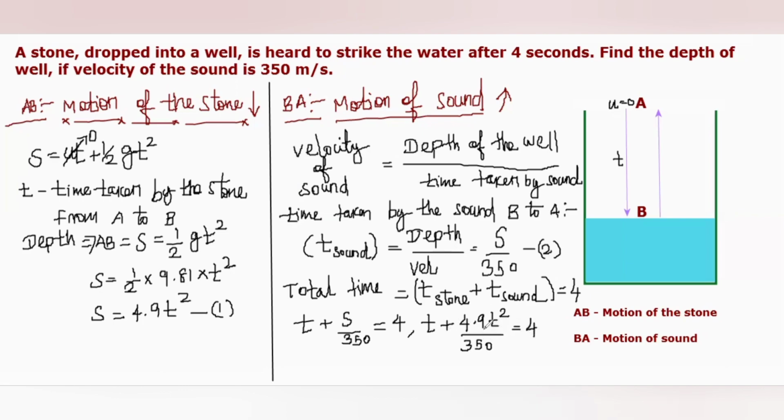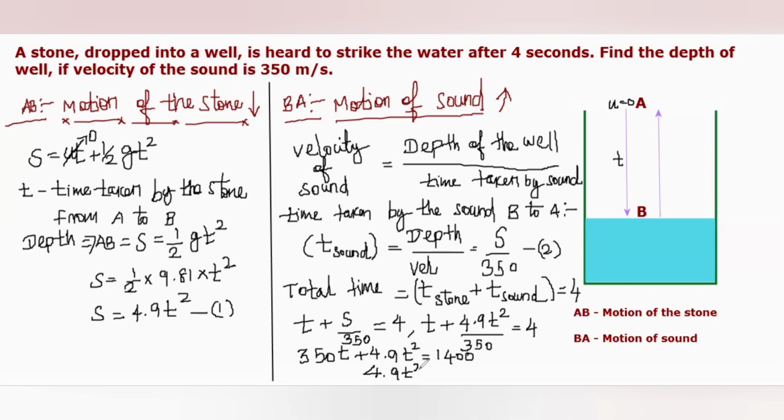Then we can write this equation as 350T plus 4.9 T square, that equal to 4 into 350, that means 1400.